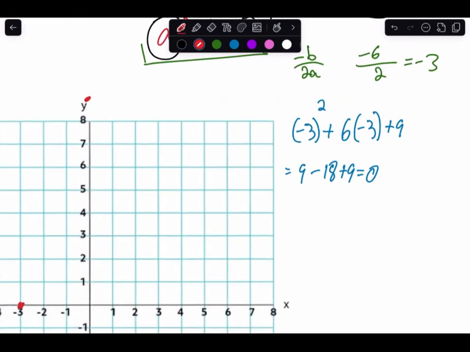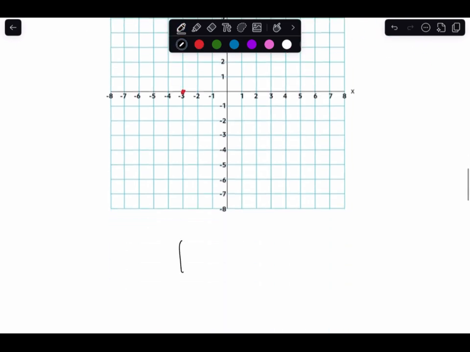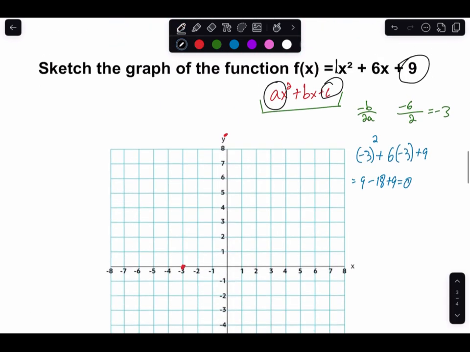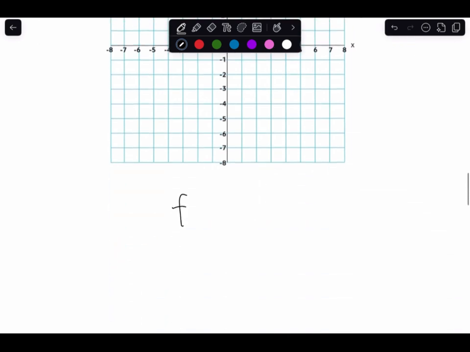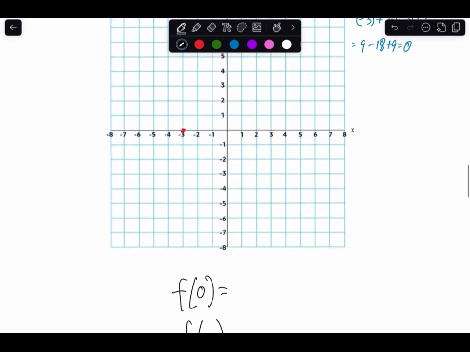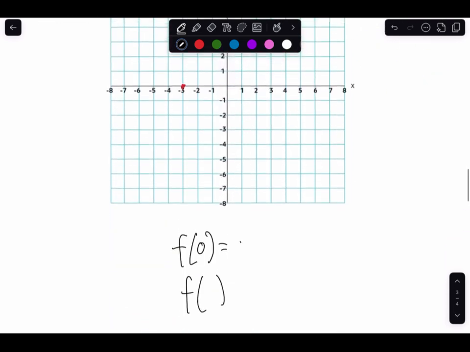It doesn't get any easier than this. We already have one number, f of 0. We know that it's 9, right? Okay, well, that makes it easy. So let's just write that down.